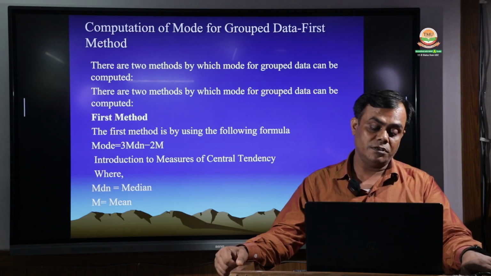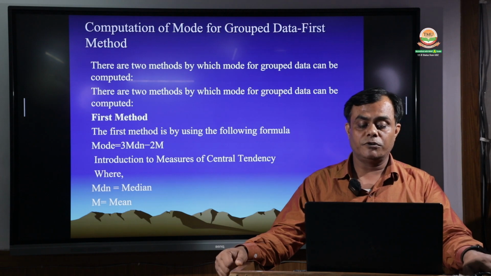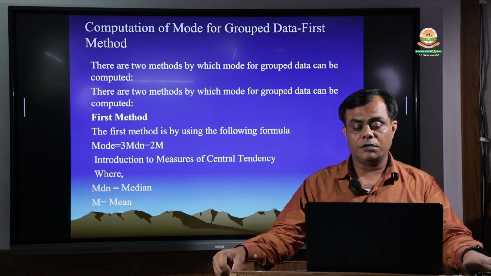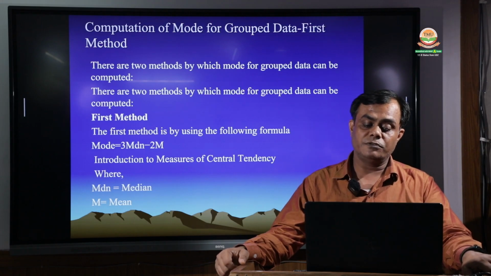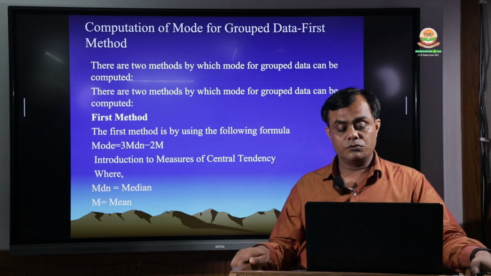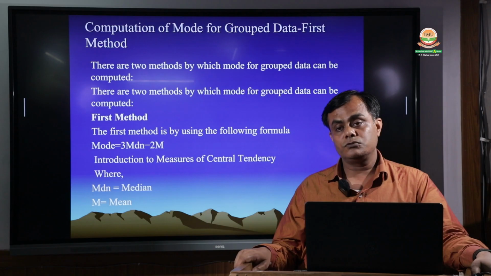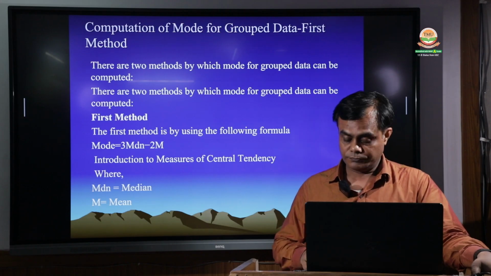The first method is by using the following formula: mode is equal to 3 Mdn minus 2 M, where Mdn is the median and M is the mean. So 3 median minus 2 mean equals the mode value.